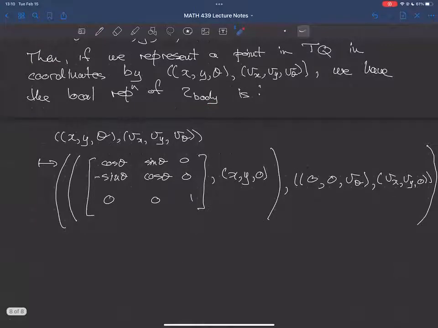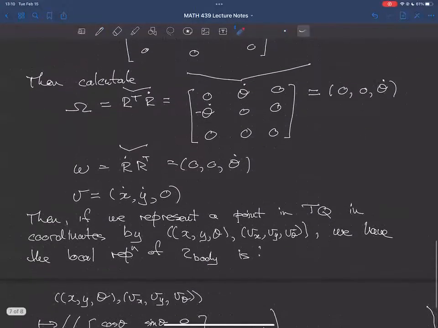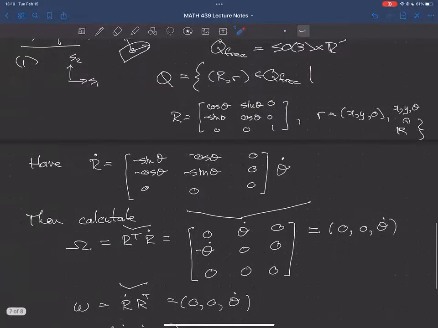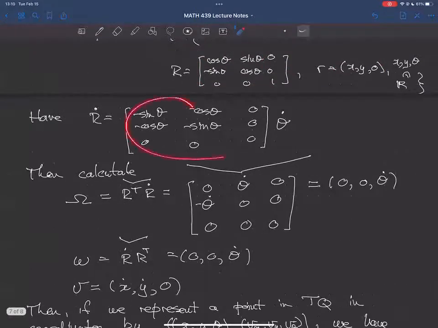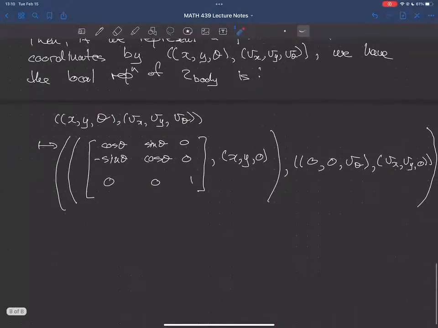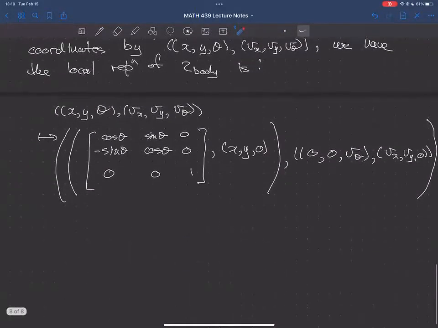All right, so that's what this mapping looks like in this case. And you can see that all this is doing is just encoding the simple calculations that we've already done. Q looks like that, R dot looks like this, and omega are given by these formulas. It's just assembling everything into a single thing: big R, little r, in this case it's body, so it's little omega, and then v.